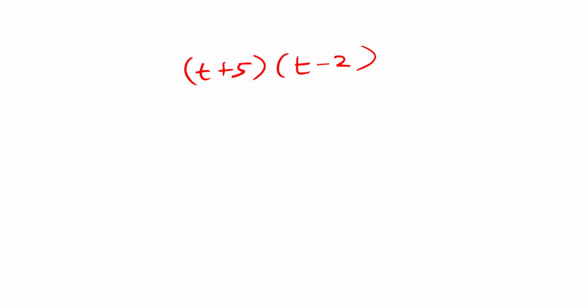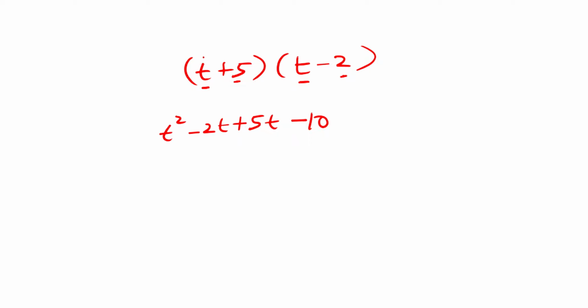So typically we are going to have 4 terms and then we simplify. The first one, this goes for that, t squared. This goes for that, minus 2t. This goes for that, plus 5t. This goes for that, minus 10.